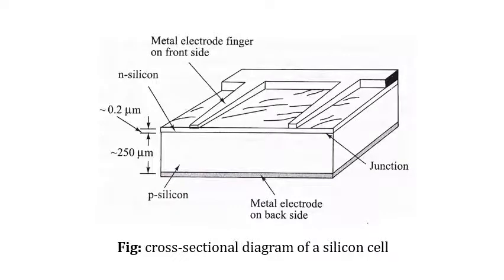Here you can see one more cross-sectional diagram of a silicon cell. This p-n junction is usually obtained by putting p-type base material into a diffusion furnace containing gaseous n-type dopant, such as phosphorus, and allowing the n dopant to diffuse into the surface to a depth of about 0.2 micrometer.